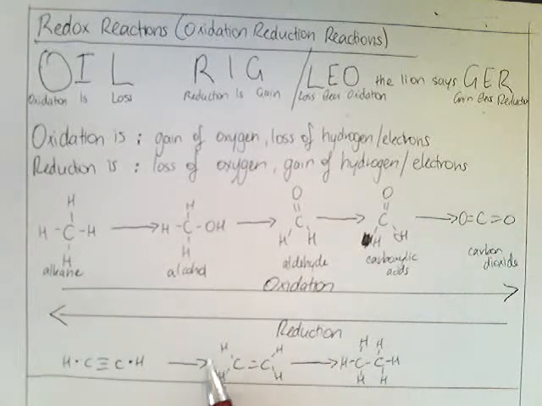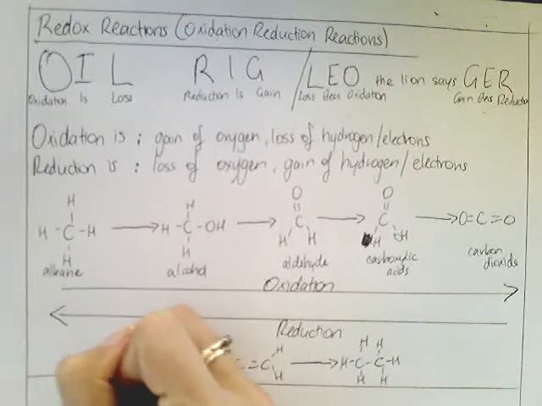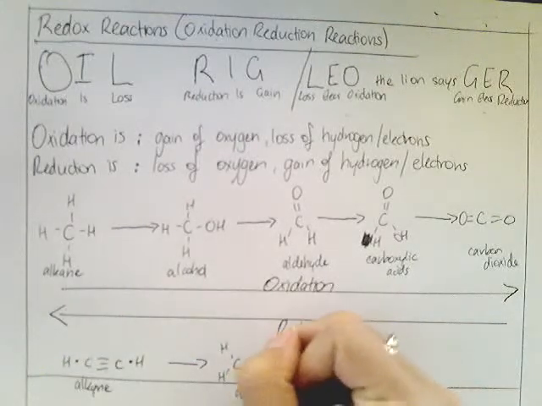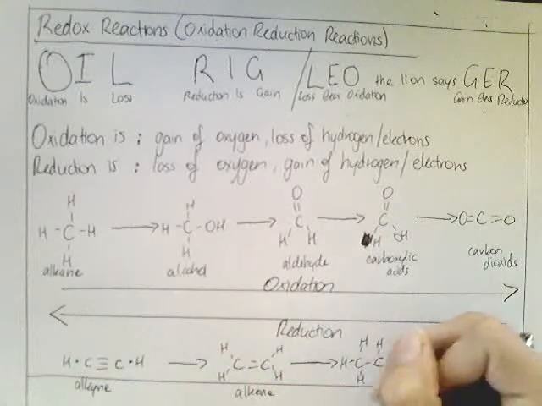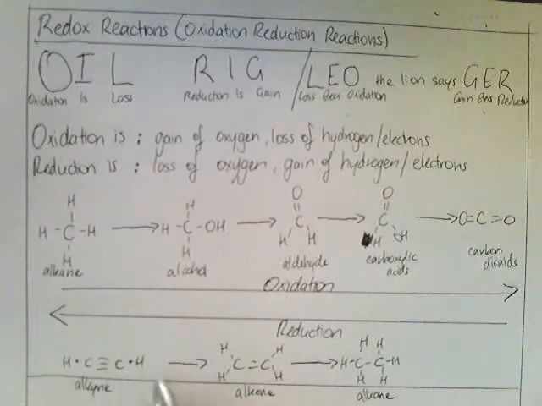So we can also use oxidation and reduction to talk about how we move between the hydrocarbons. So here I have an alkyne. I can write that there. And here we have an alkene. And here we have an alkane. So each step we've taken, it has gained hydrogens.